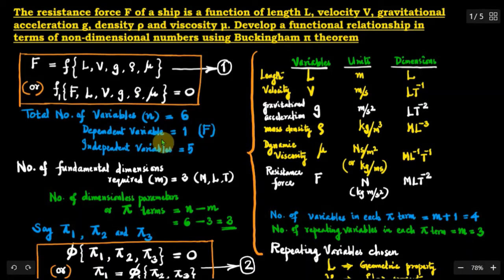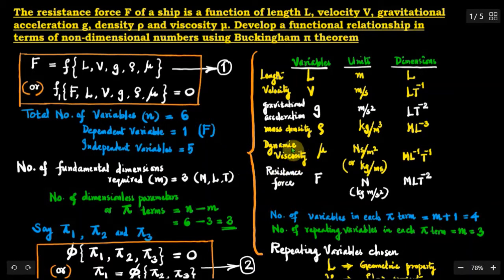Dependent variable here is the force. The value of force depends on the other variables given. So dependent variable is force, that is 1, and independent variables we have 5: the length L, velocity V, acceleration due to gravity g, mass density rho, and dynamic viscosity mu. Total we have 6 variables.